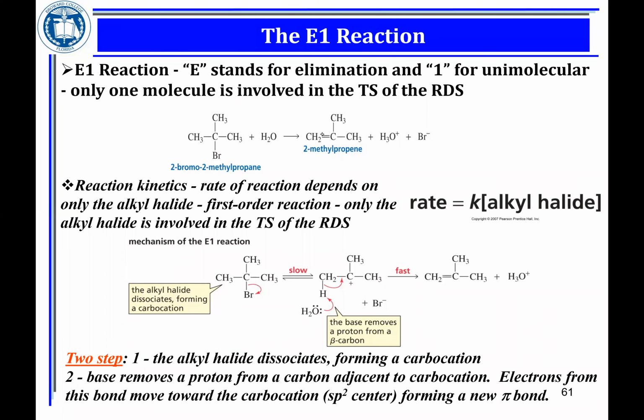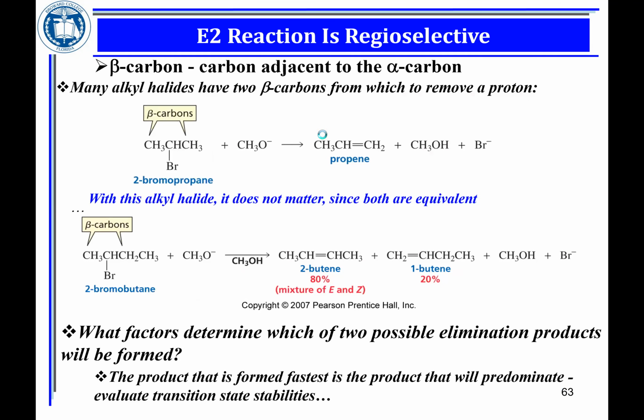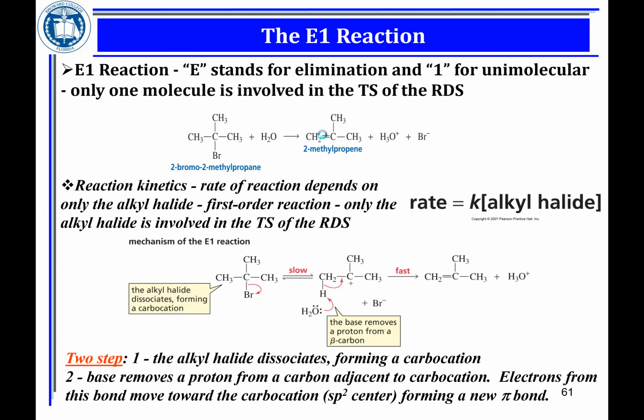And for the E1 mechanism, you don't have a strong base. So if you don't have a strong base, the leaving group must leave first, and that would be the slow step of the reaction. The leaving group is leaving, and then the base is going to come in and remove hydrogen from the beta carbon or adjacent carbon.